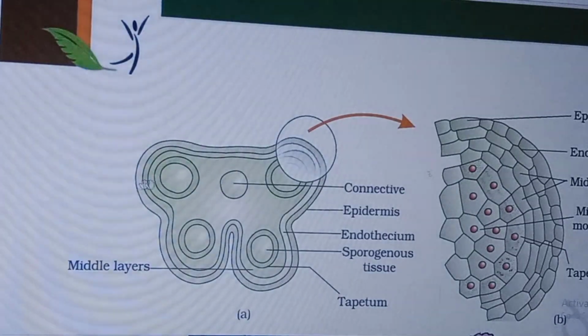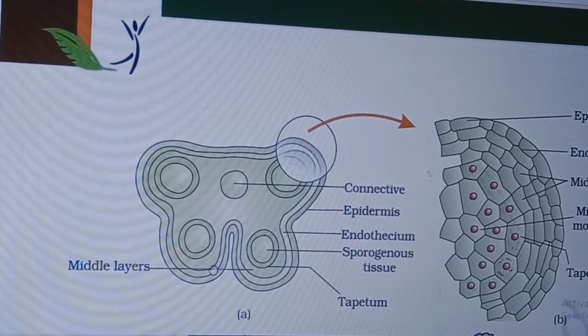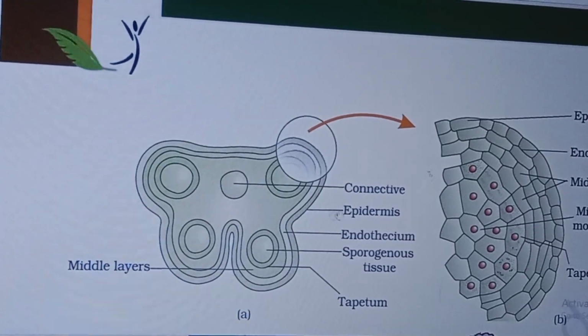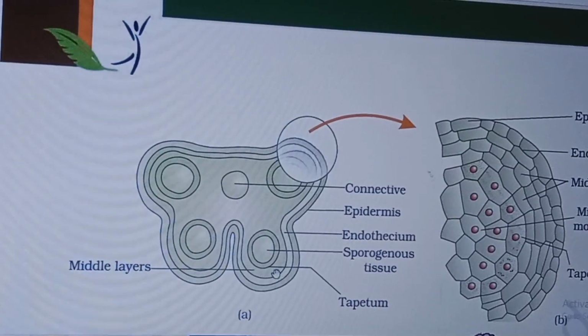You can see that it is circular in outline in the transverse section, and it consists of these four layers.